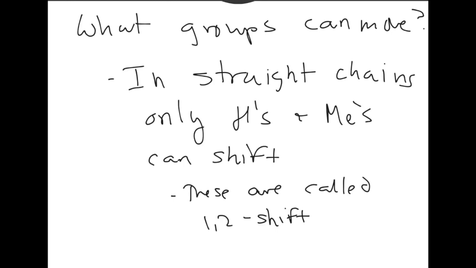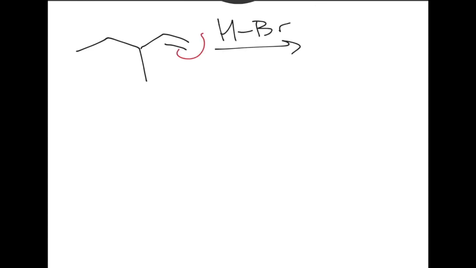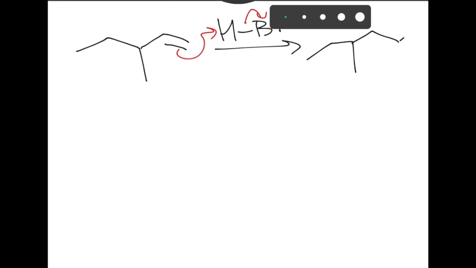So let's look at the thing that we just did. So we think about the mechanism. We're going to add to our double bond. We're going to make a carbocation. What kind of carbocation is that?